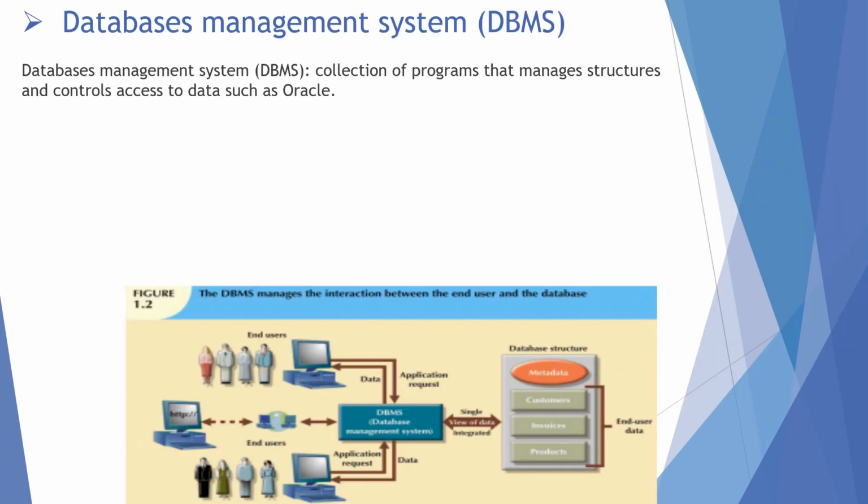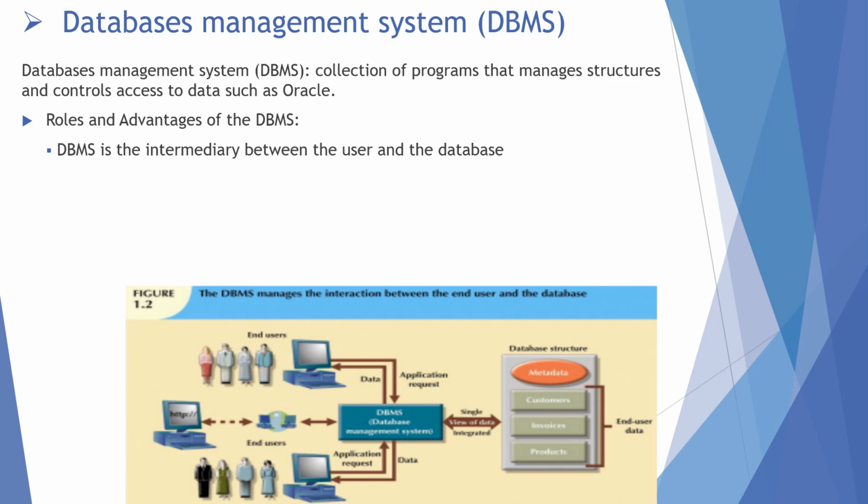We move now to the part dedicated to the database management system, which is a collection of programs that manages, structures, and controls access to data, such as Oracle. Its roles and advantages are as follows.